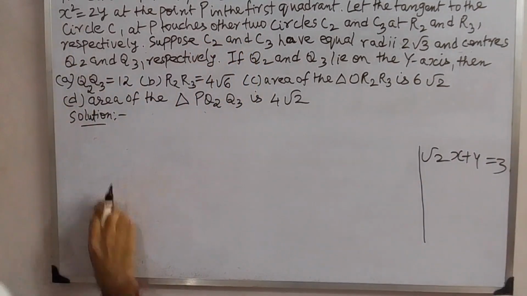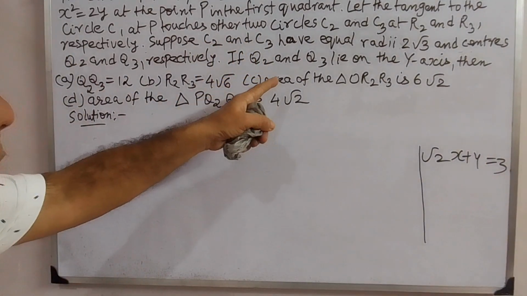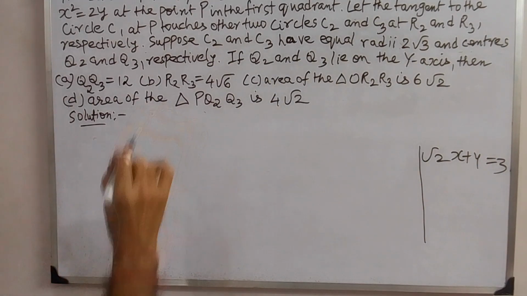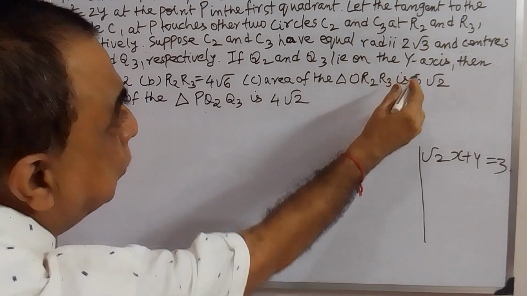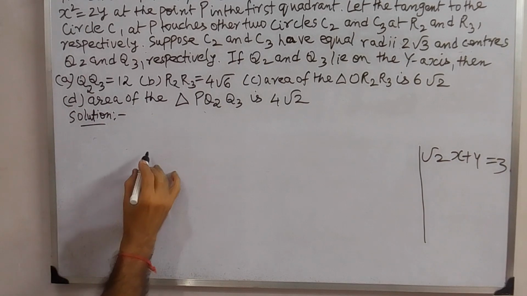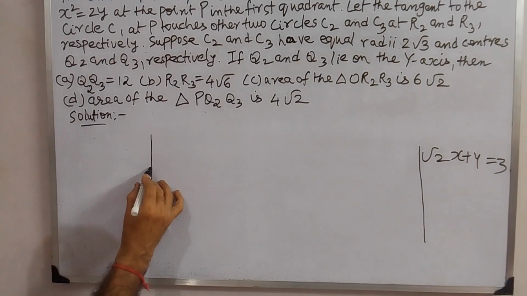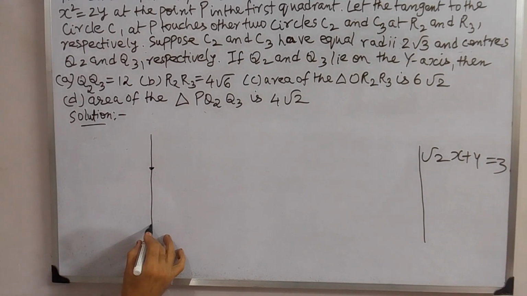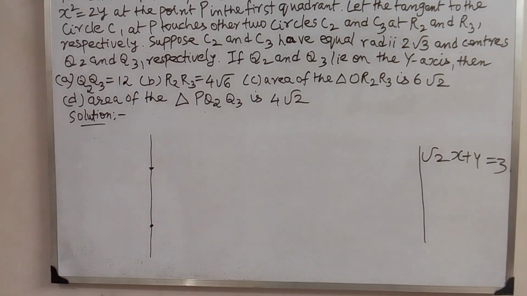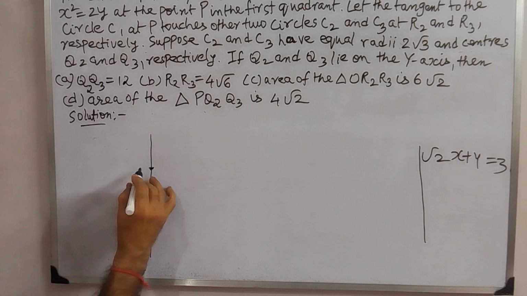Now see here. It is being told to us that Q2 and Q3 are the centers of the circles, and they are lying on the y-axis. So when the two points are lying on the y-axis, what is their x-coordinate? The x-coordinate will be 0.